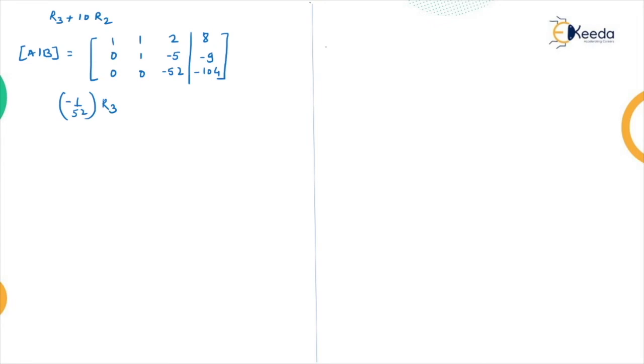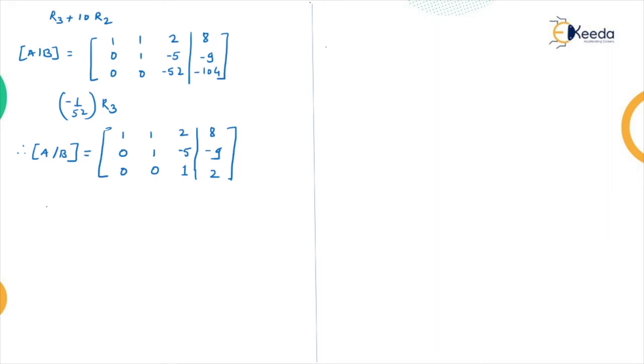Nothing changes in R1 and R2, you only change R3. Therefore the augmented matrix A combination of B can be written as 1 1 2 8, 0 1 minus 5 minus 9, 0 0 minus 52 upon minus 52, which gives 1, and 104 upon minus 52, that is minus minus plus, which gives simply 2.